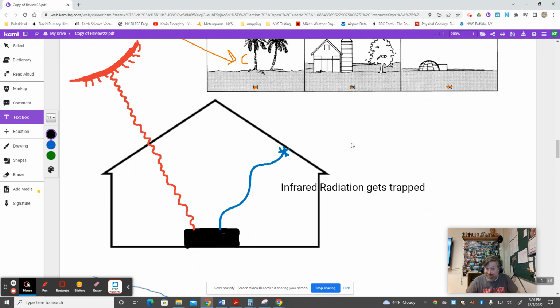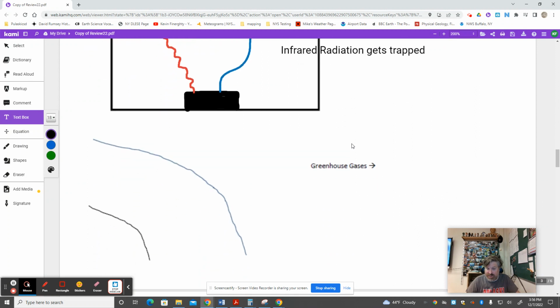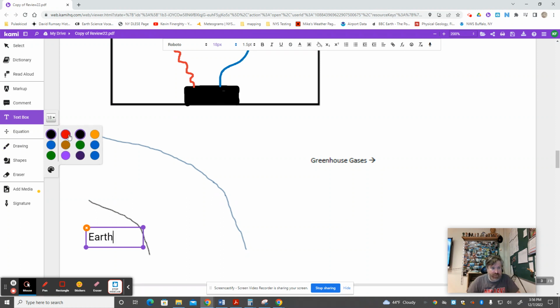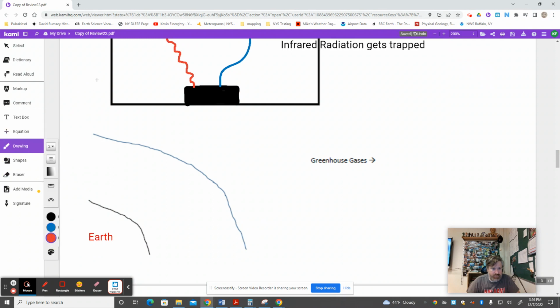So then the big leap is really to say that the Earth and the atmosphere work exactly the same way. If we've got the sunlight coming in, it does so at a shorter wavelength. It passes right through the atmosphere. Maybe some of it bounces off the tops of clouds or off a snow-covered field or something.